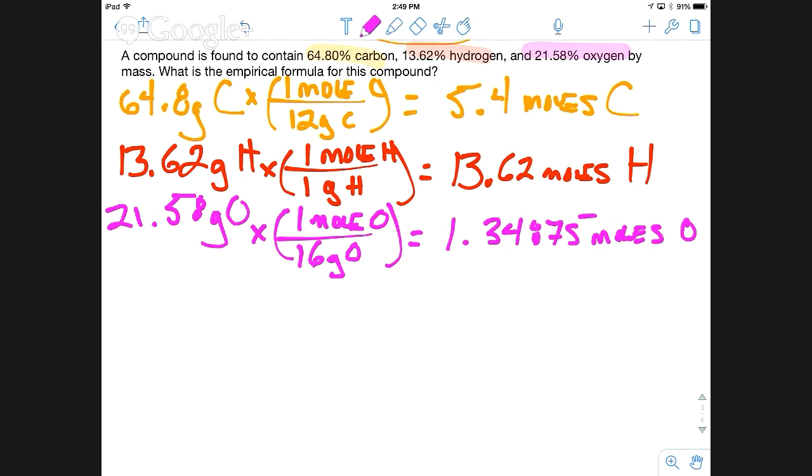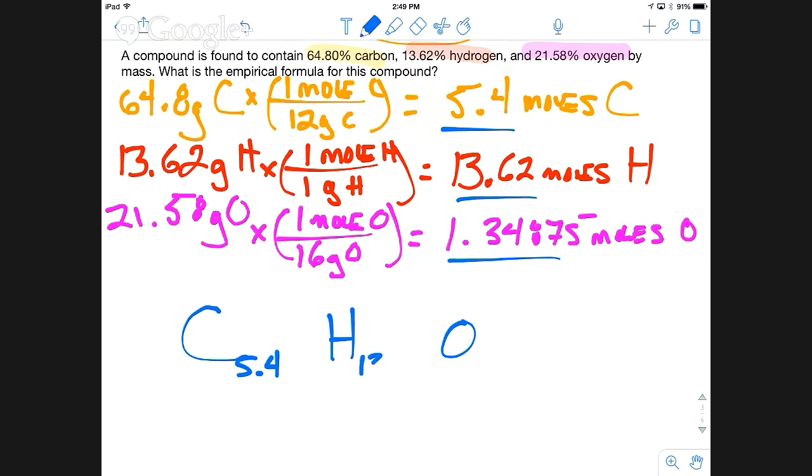What we do next is write the formula, right? CHO with these numbers as the subscripts: 5.4, 13.62, and 1.34875. What I'm trying to do is come up with the empirical formula, which is the simplest whole number ratio.